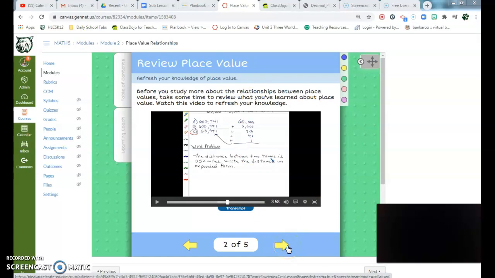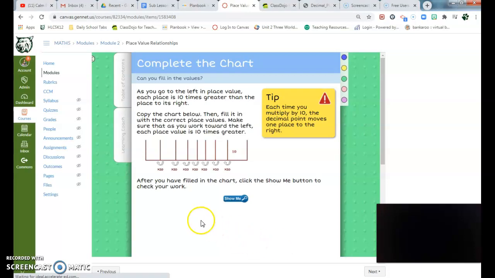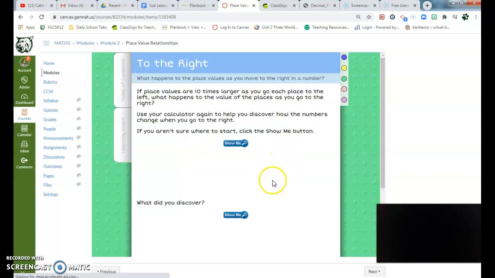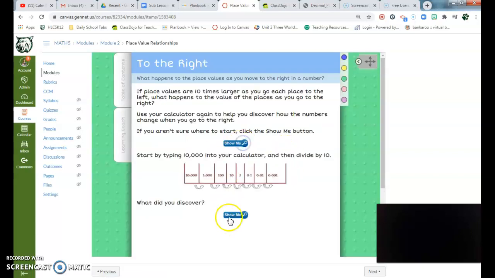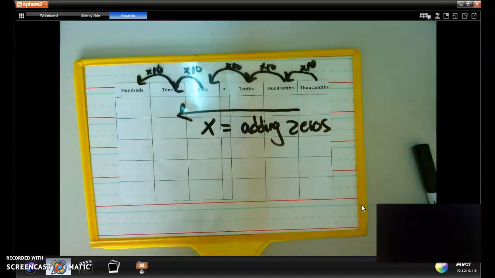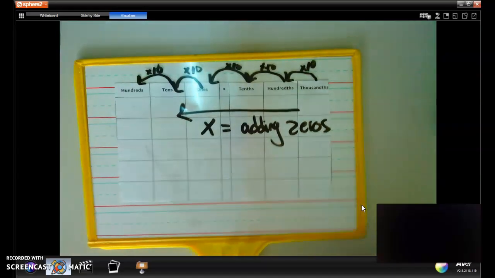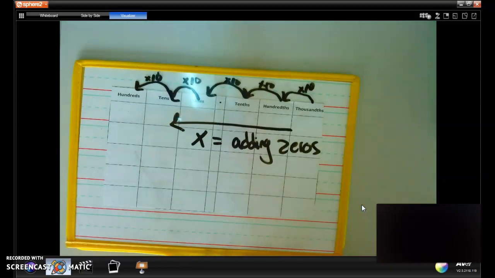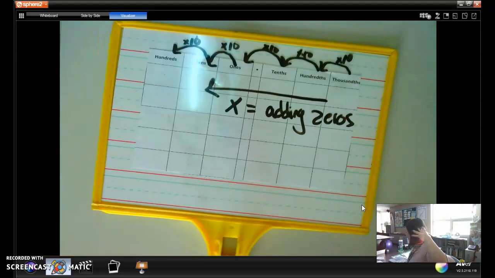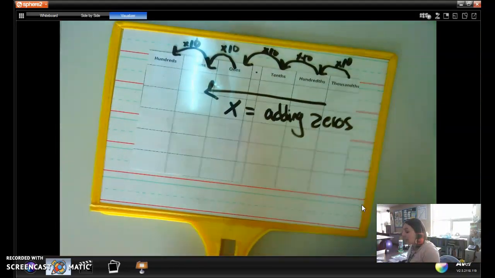Hopefully you got a little bit of information there that you needed about place value. Going to our next section. Now, if I am decreasing a number by 10, so the opposite of decreasing, or increasing, is multiplying, decreasing is dividing.